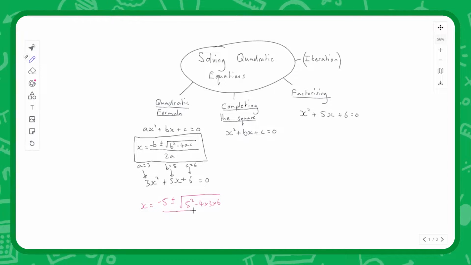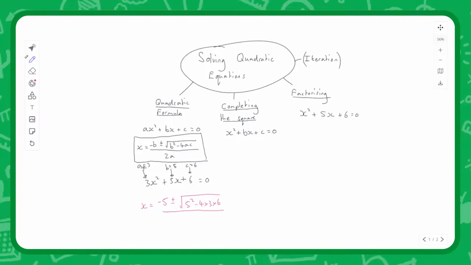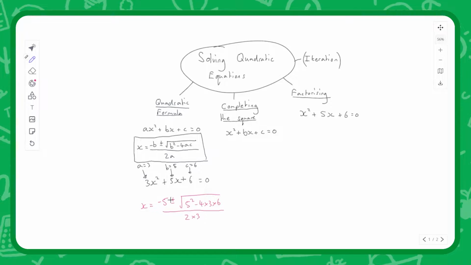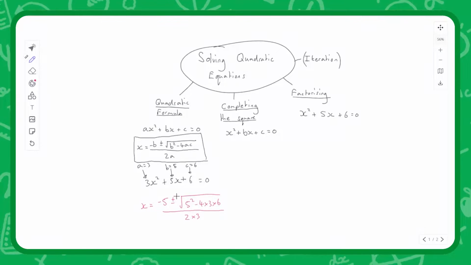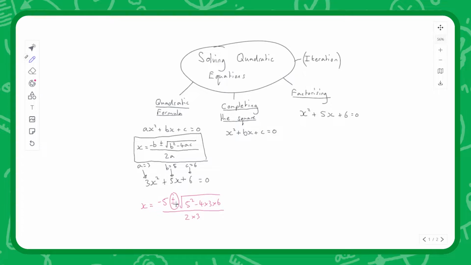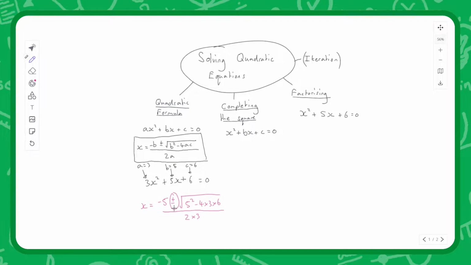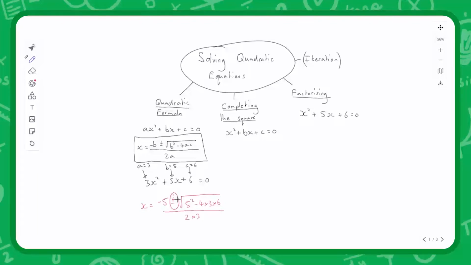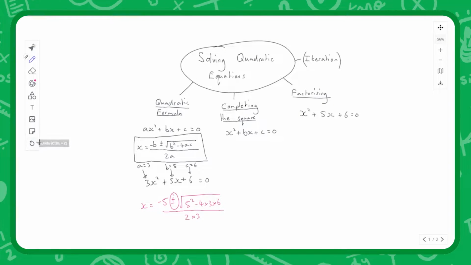And that's all divided by 2a, so 2 times 3. And we could plug that into our calculator. For one version, we would use the plus version of the plus minus sign, and we would then go back and use the minus version. So we should be getting two solutions.